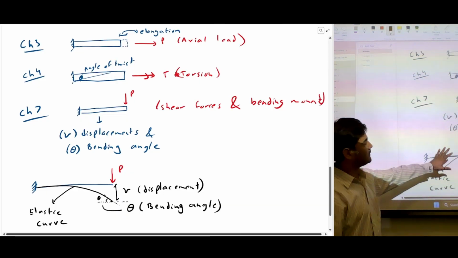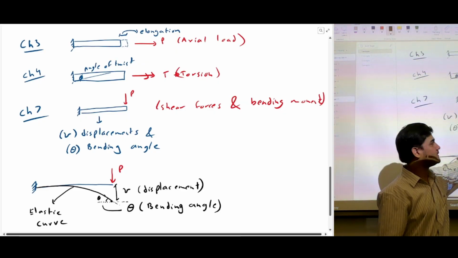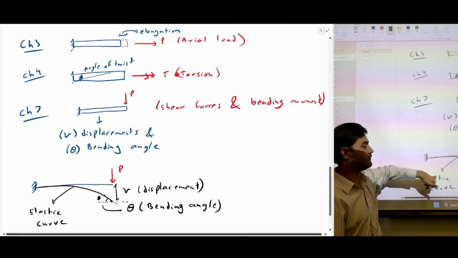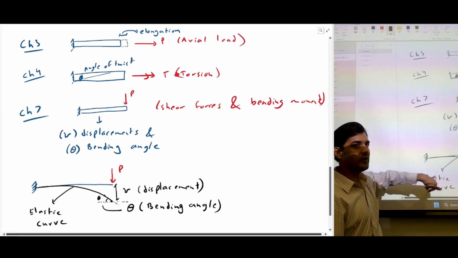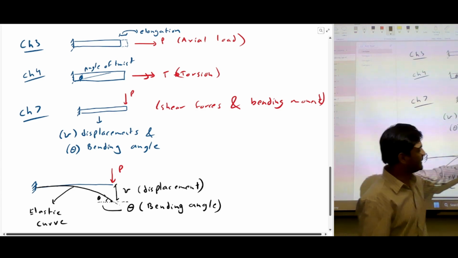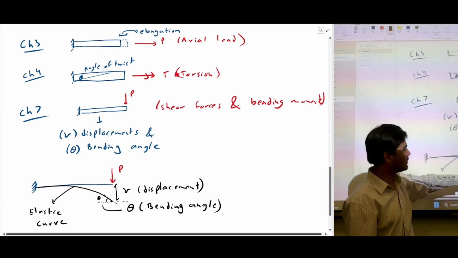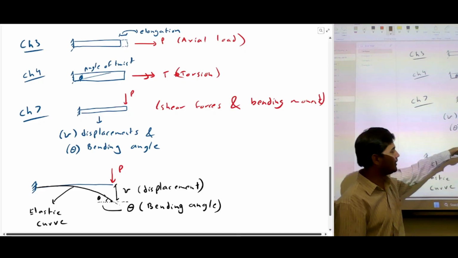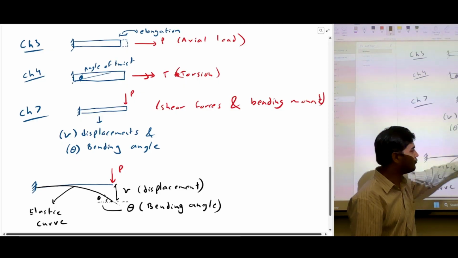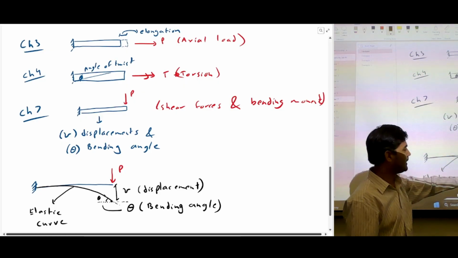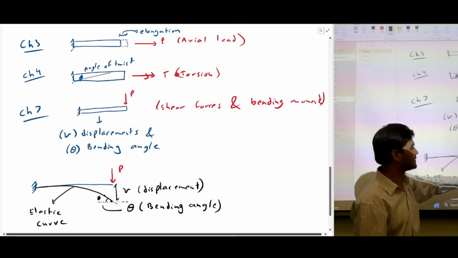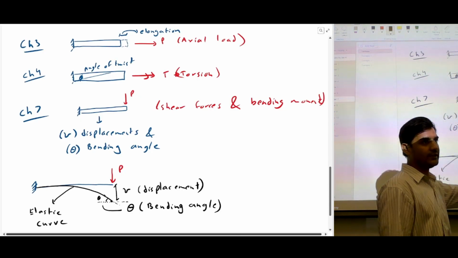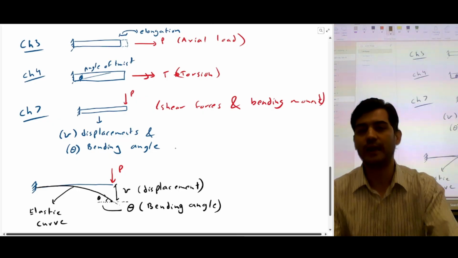So because of the shear forces and bending moments, you're gonna get something we call elastic curve. So when you have this elastic curve, you're gonna see displacements, and you also are gonna see bending angle. The displacement is basically the vertical movement because of the load, and the slope of this displacement is called bending angle. And you have an equation for these displacements and the bending angle. So I'm going to write the equations.